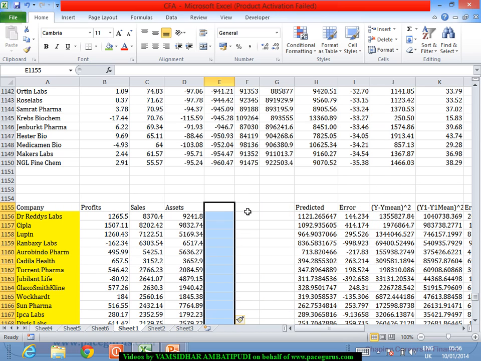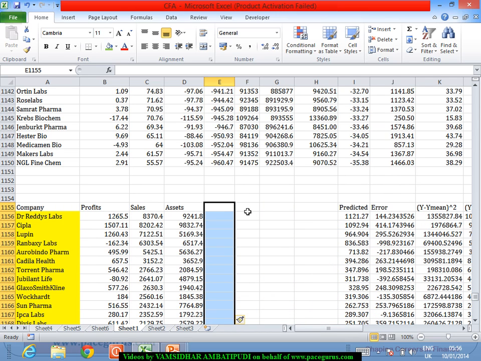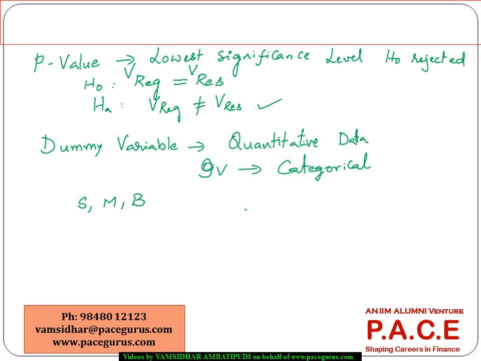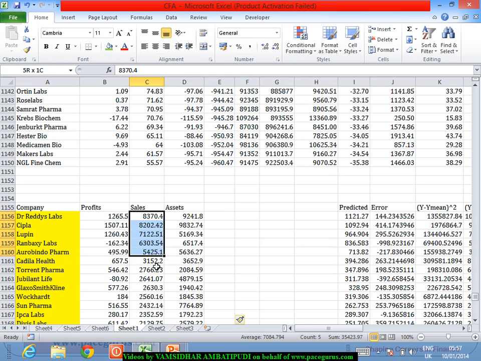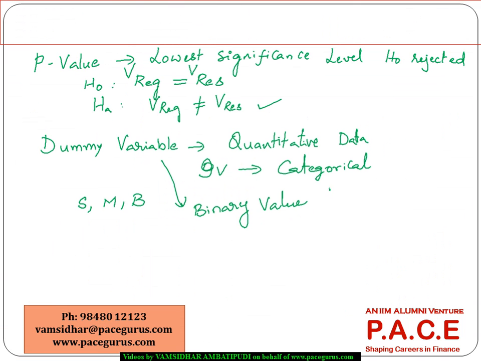Alright, here, this is where we talk about the concept of dummy variable. Dummy variable is a variable which always takes binary values only. The values here, just like these values, for a dummy variable, we will always have the values as only 0 and 1.